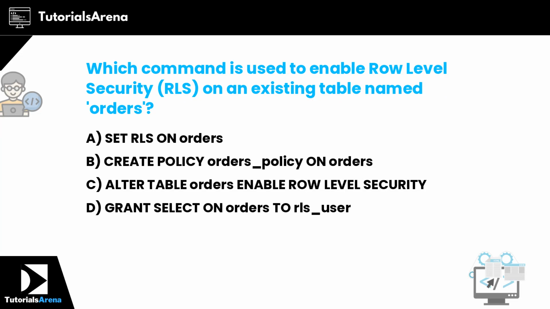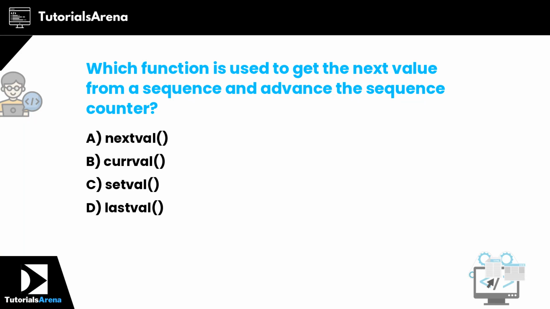Which command is used to enable row-level security, RLS, on an existing table named orders? The correct answer is option C, alter table orders enable row level security. Which function is used to get the next value from a sequence and advance the sequence counter?